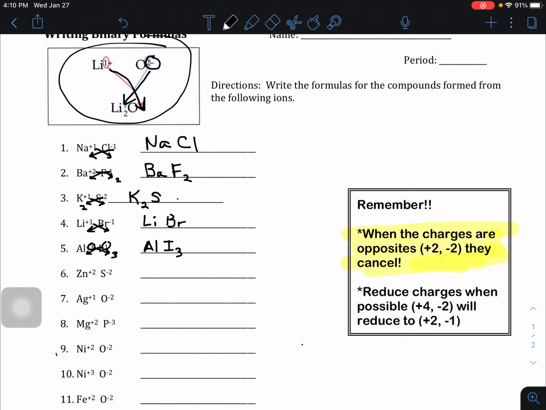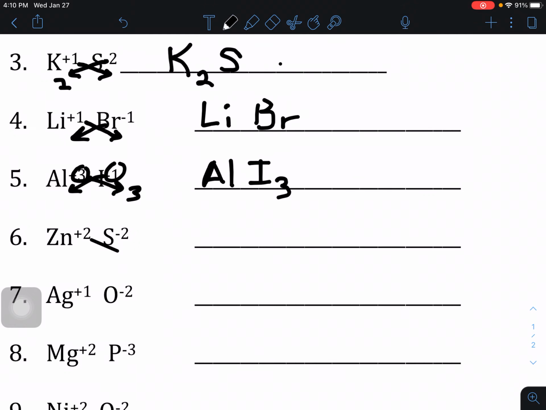So you might say, well, we need to bring the 2 down here as a subscript and the 2 down as a subscript. That's our normal rule, but what I just went over is that they cancel out. So we don't put Zn2S2, we just put ZnS, because the +2 and the -2 are canceled out.